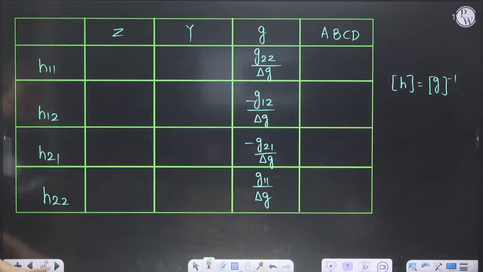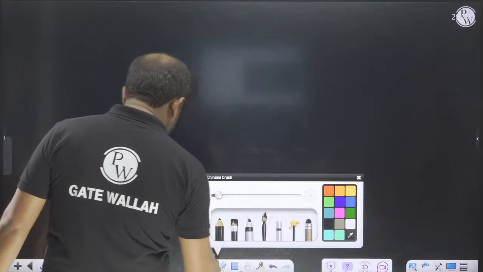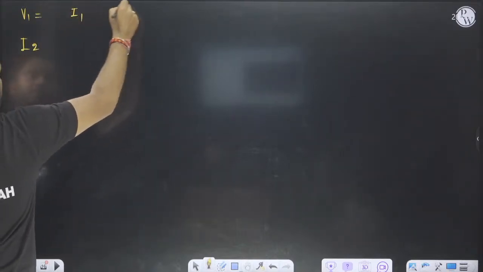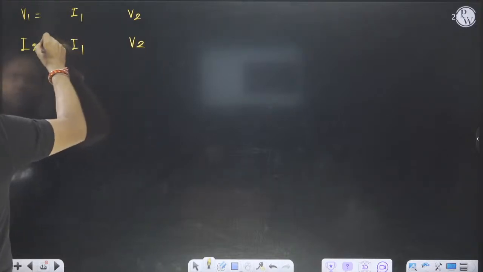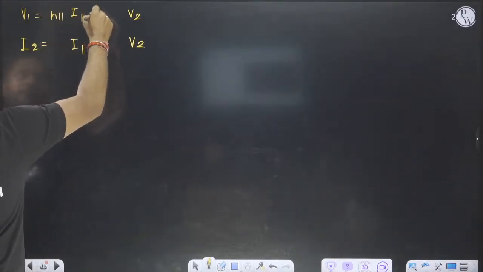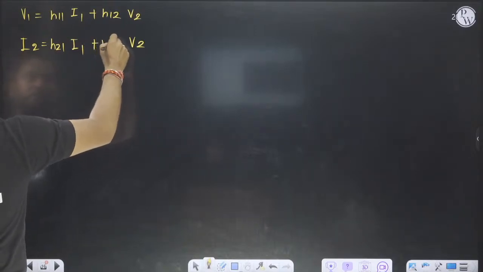Then how will we calculate the H parameter? First of all I will write V1 and I2 in terms of I1 and V2, with H11, H12, H21 and H22.